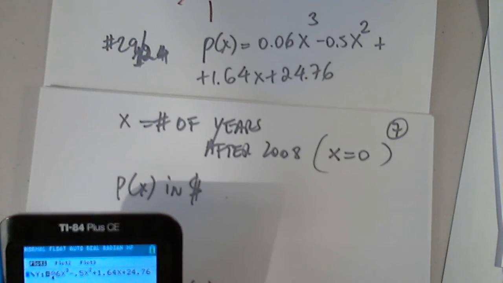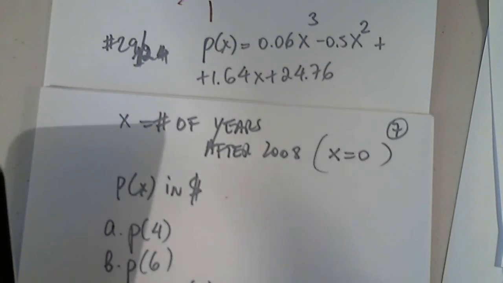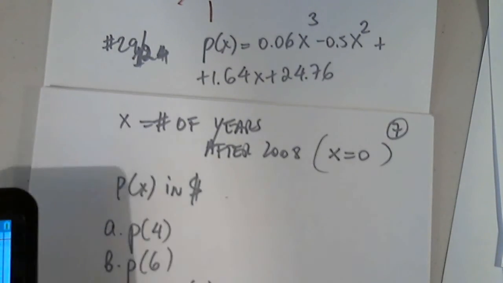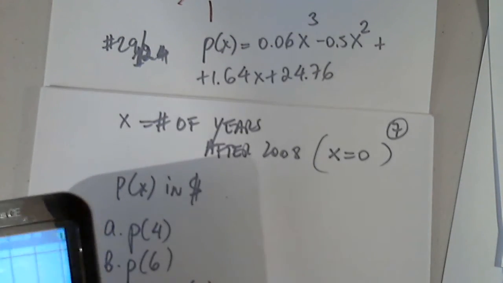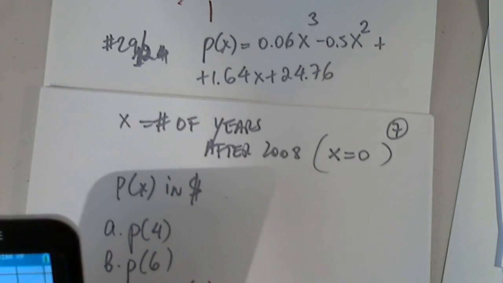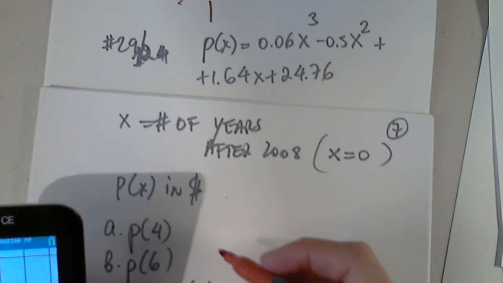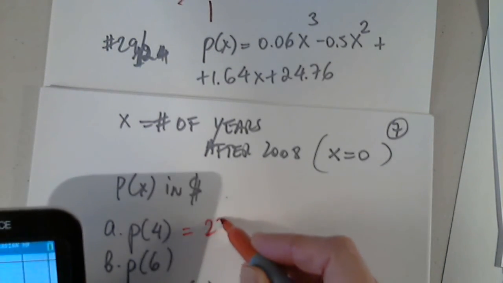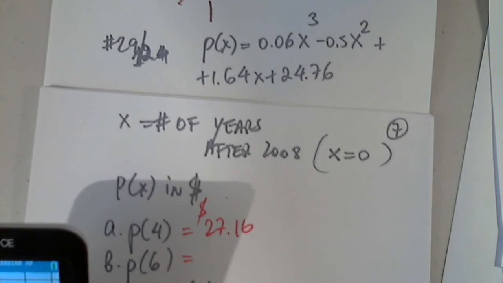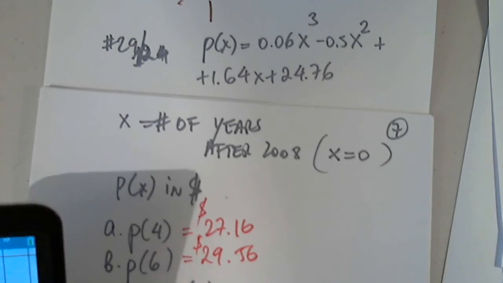So 0.06 x cubed, that's correct, minus 0.5 x squared, that's correct, 1.64, that's correct, everything correct. So now I go to second and table, and I will plug in 4, and then I will plug in 6, and I will copy my numbers. So for 4, I got 27.16, and this is dollars. For 6, I got 29.56.